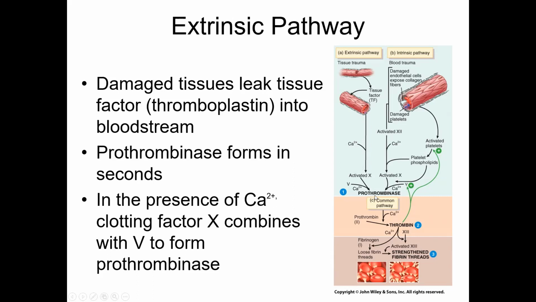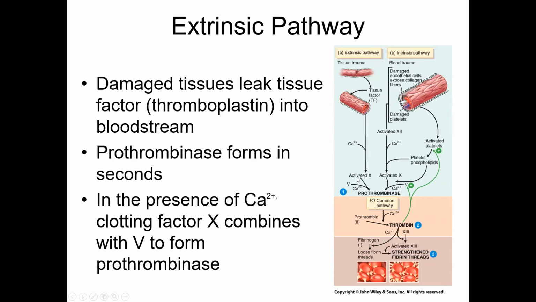We'll be seeing a little later that this prothrombinase is going to chop prothrombin into two pieces, pro and thrombin, and then thrombin is going to chop fibrinogen into two pieces, fibrin and ogen. This is the extrinsic pathway when tissue factor is the trigger.